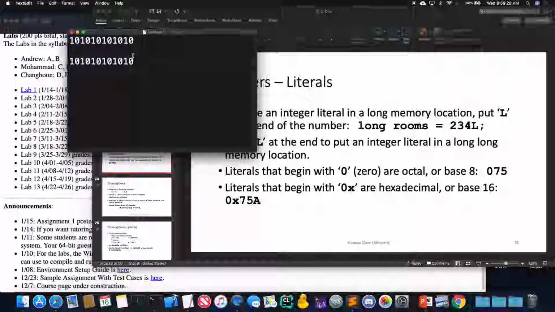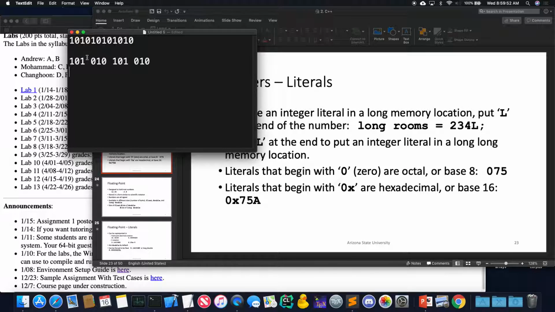I have to work from right to left, but since it's 12 bits, it doesn't matter. We're working with base 8, and 8 is 2 to the power 3, so the 3 is why we break it up into 3's here.